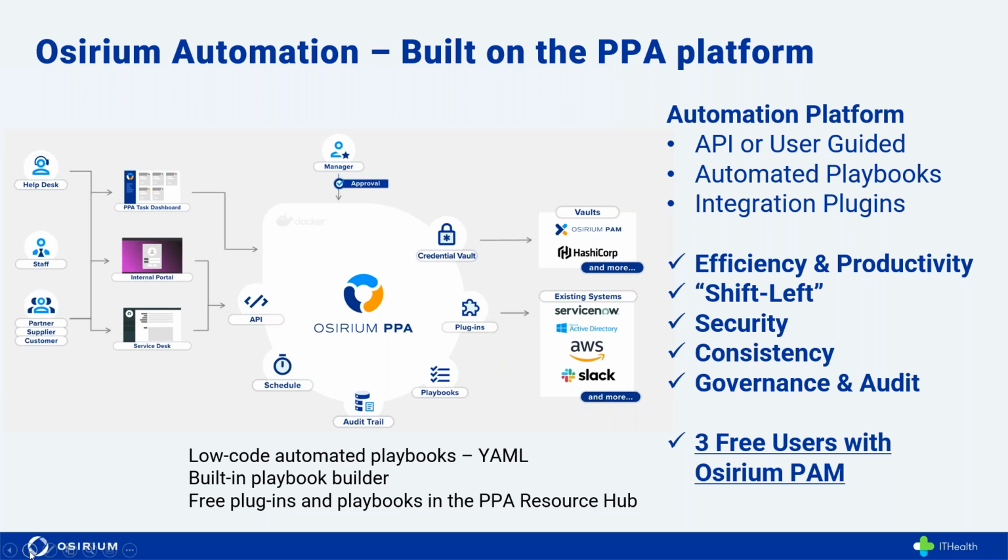At the back end is a very open, easy to build plugin architecture that can talk to any number of different systems via APIs, REST APIs, even by SSH and Telnet. Integrate with third-party vaults. You could use Osirium PAM for your vault, but if you don't have PAM, that's okay. We ship a copy of HashiCorp, but it could be any other password vault that you have. And it has a built-in task builder and editor. I think Wes mentioned YAML.